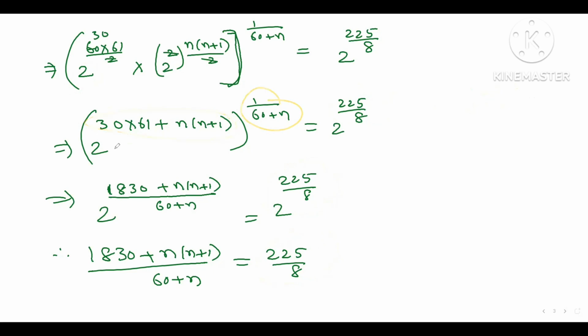So what is the formula? 2 to the power this value, 1830 plus n into n plus 1, m into n. A to the power m, all to the power n is a to the power mn. 1830 plus n into n plus 1 by 60 plus n is equal to the right side value. If base is equal, powers are equal.